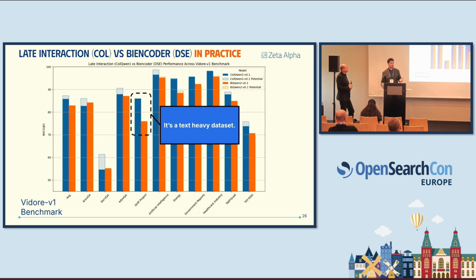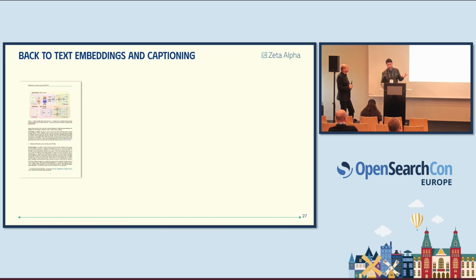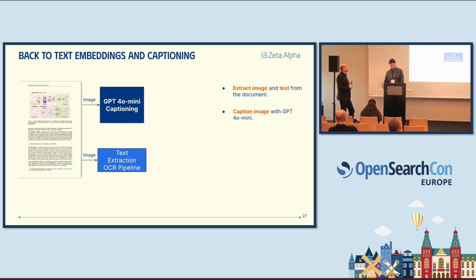So how can we address this? Well, back to text embeddings and captioning. Here, we have the ColPali paper as an example. We extract the image and text from the document, so we are back to the text extraction OCR pipeline. We feed the image to GPT-4o Mini for captioning. But a key thing is we also feed the text to GPT-4o as context to improve captioning performance.